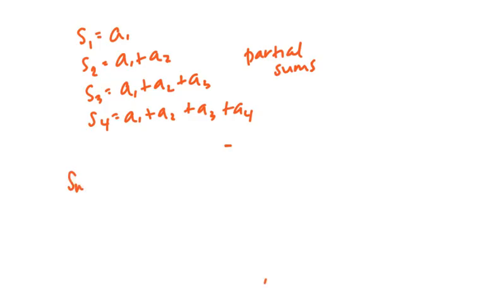But S sub n equals A1 plus A2 plus A3 plus ... plus A sub n. So this equals the sum of the A sub i terms, where i begins at 1 and ends at n. So then this will help us figure out what's happening in the general or infinite series.